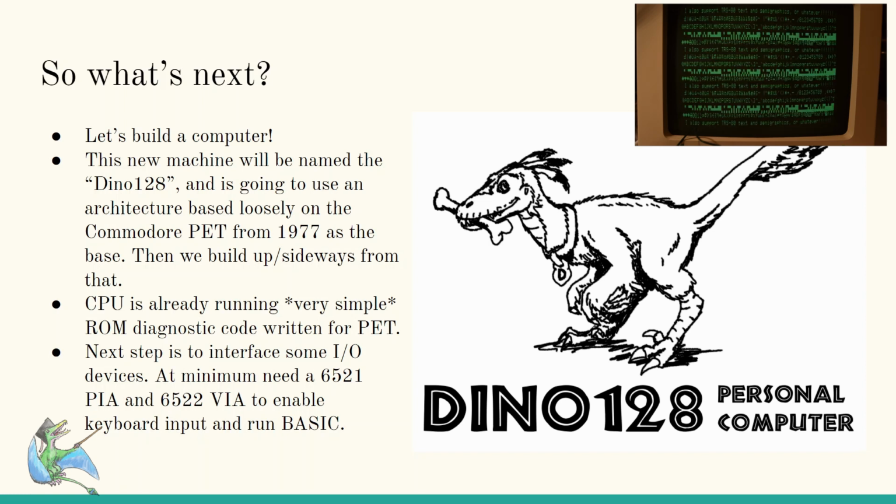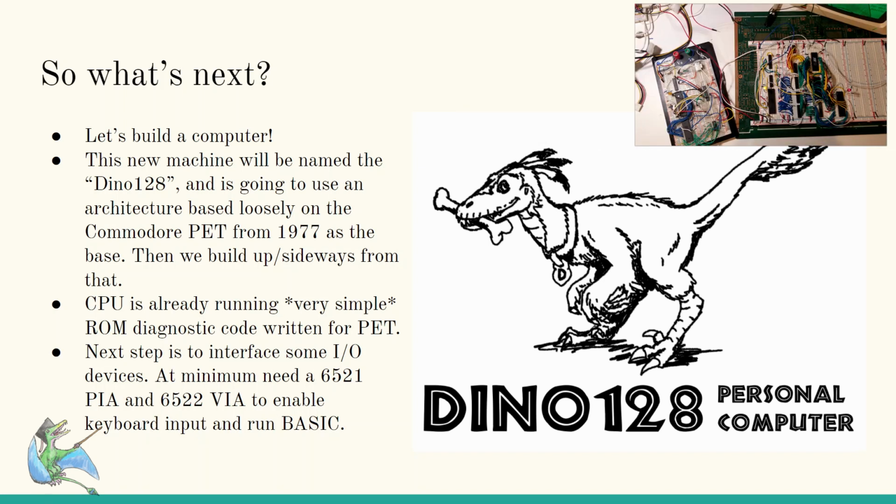So it may just get to the ready prompt and freeze, or it may drop to the debugger. But the next step, obviously, will be to start putting some I/O on it, so we can actually hook up a keyboard or something and see what we've got.